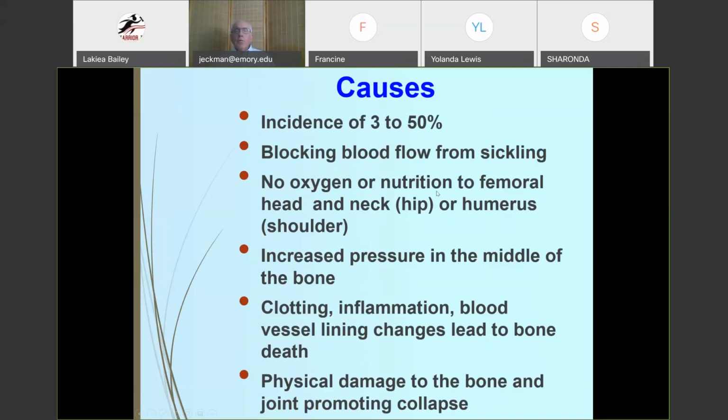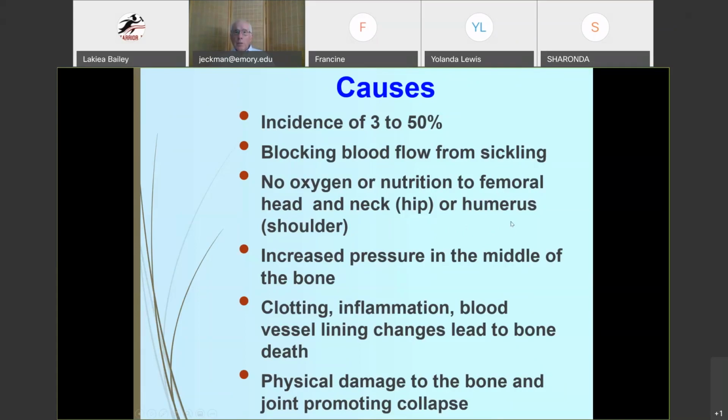That is, the blood vessels are quite small, and the areas are very, very susceptible to problems because there's not enough blood getting to the area of the head of the femur or the humerus. And so that's why this area in the skeleton is sort of a target for this occurring. The blood vessels just are very, very small and long, and so sickling is very prone to occur.